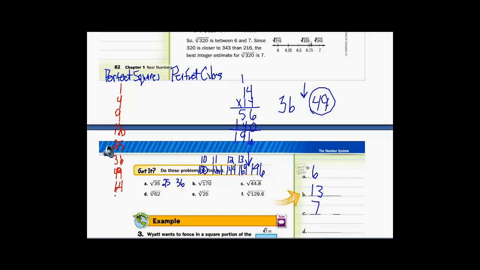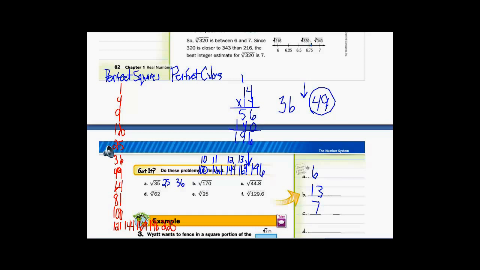And 8 times 8 is 64. 9 times 9 is 81. 100. You may want to go a little farther. 11 times 11 is 121. And we've got 144, 169. We just found out that that was 196. 14 times 14, 196. And 15 times 15 is 225. So if you want to go ahead and write all those out.